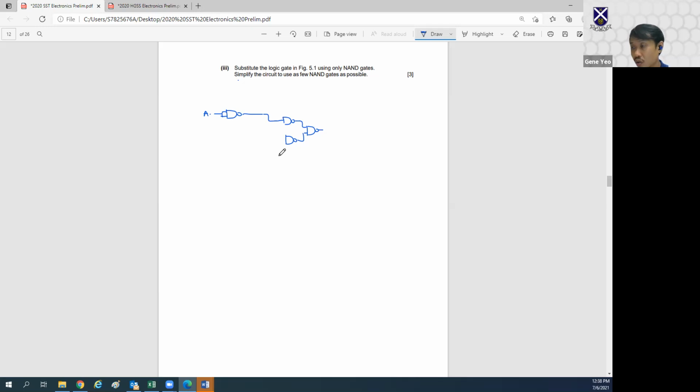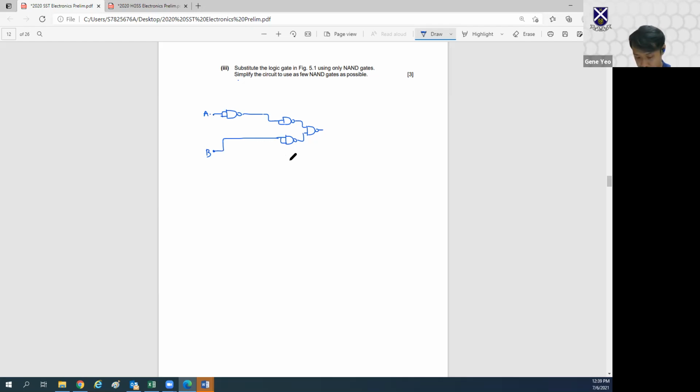So this is the OR gate. Of course, this needs two inputs. And this one came from input B. So let's do a B here. So this comes from B.